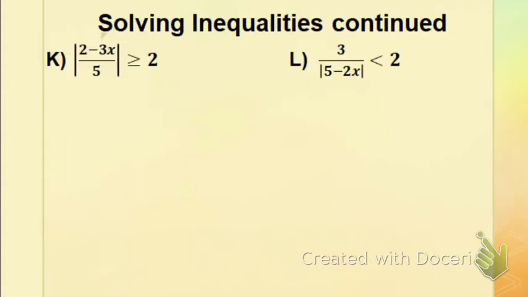Let's look at these guys. All right, I need my distance to be greater than or equal to 2 units from 0. So I just want to think about this for a second off to the side.